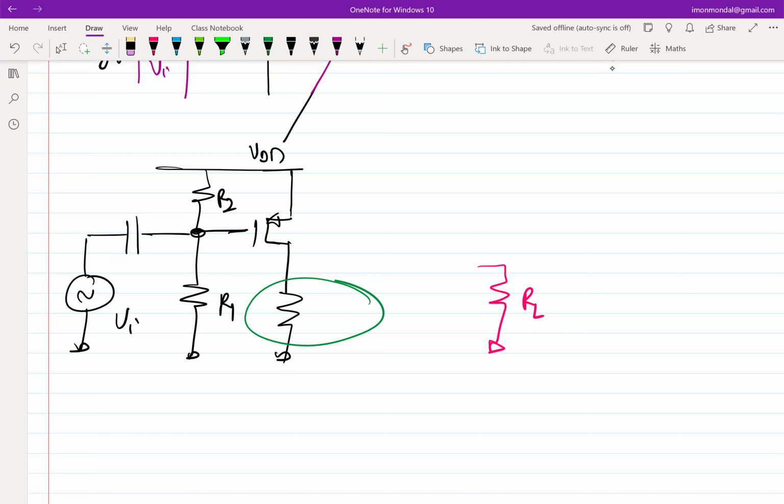It can be a small signal RL, it can be a modeled RL, it can be some input impedance of the next stage through which you cannot pass the DC current. Okay. So now the problem statement gets modified to, how do I get an amplification between this VI and I want a voltage V0 across the RL? Small signal voltage V0 across RL.